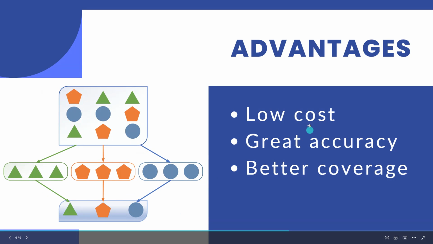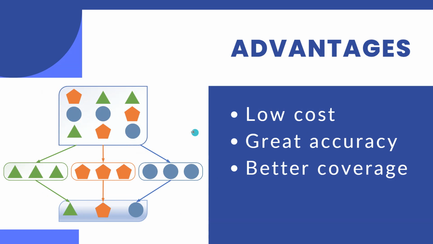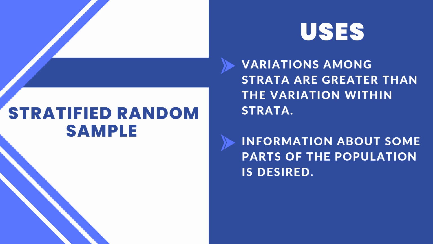Advantages: low cost, greater accuracy, better coverage. It is used when variations among strata are greater than variations within strata. This means internally the stratum elements are not different, but externally they are different.